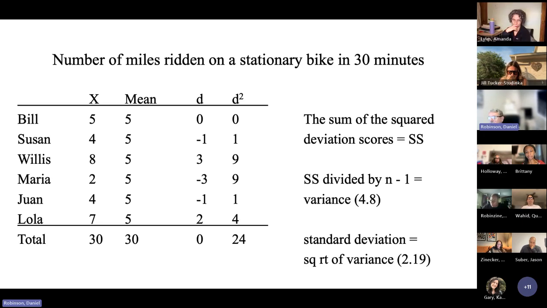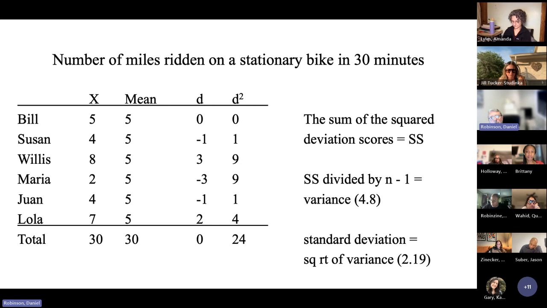That 0 tells us something. It tells us 2 things, really. It tells us how far the raw score is from the mean. And for this one, it's right there. It's not far at all. And for Susan, who rode 4 miles, it tells me that her raw score is 1 away from the mean, but it's also negative, which means that Susan's raw score was 1 below the average or mean.